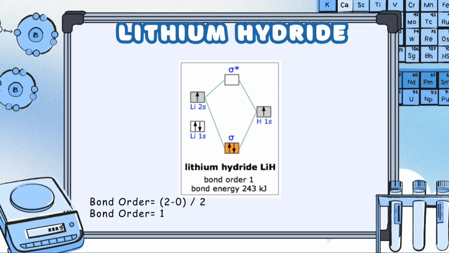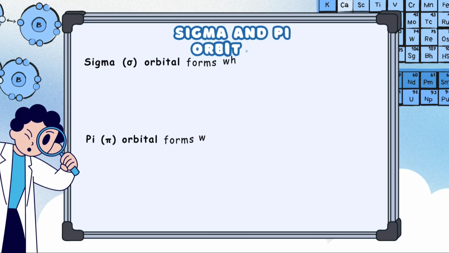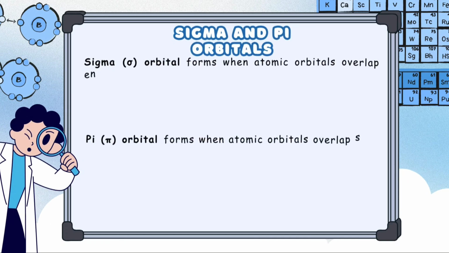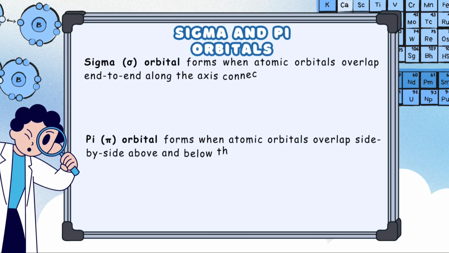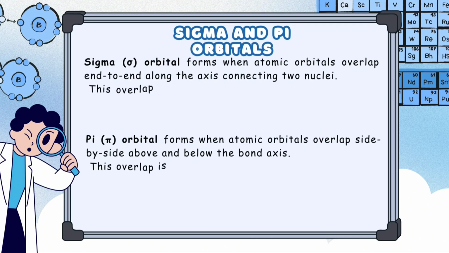If we are going to look for bigger atoms, we have to go to p orbitals. In p orbitals, there are two types: the sigma orbital and the pi orbital.